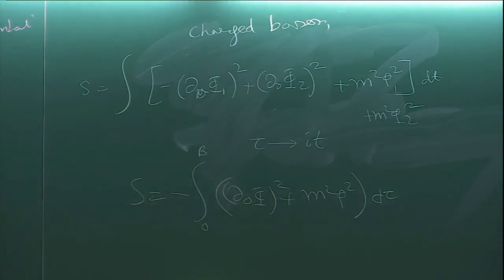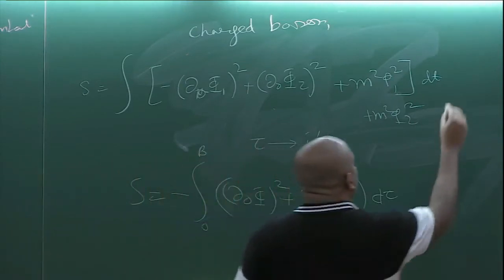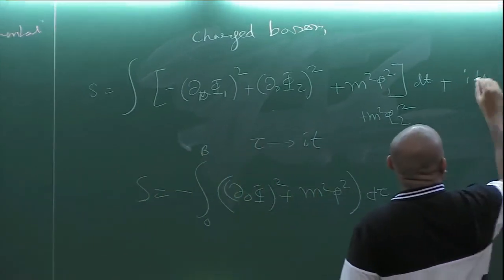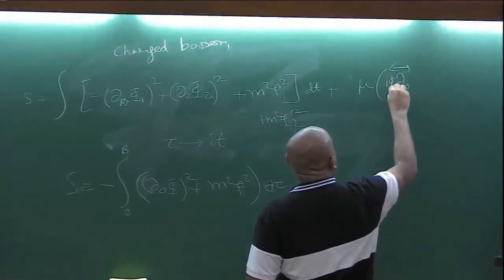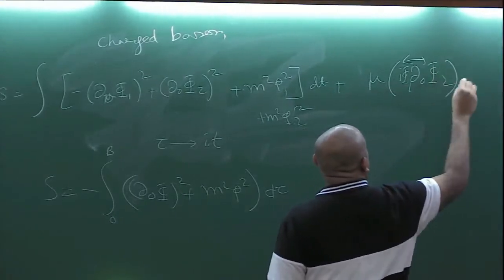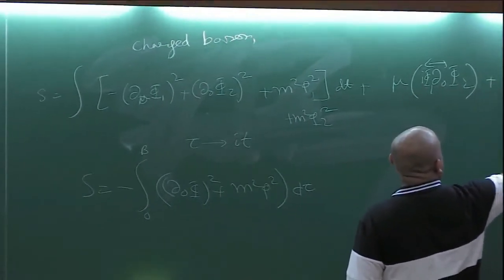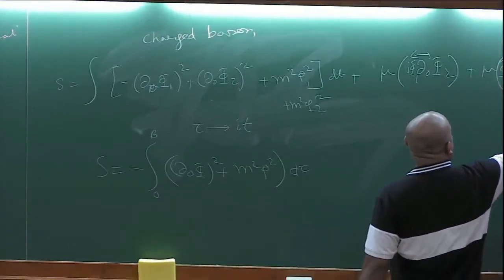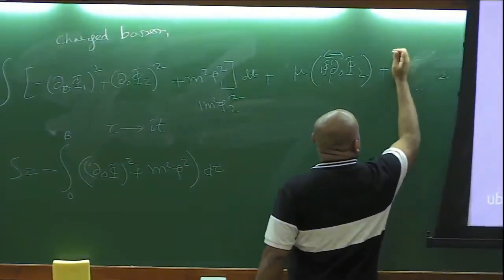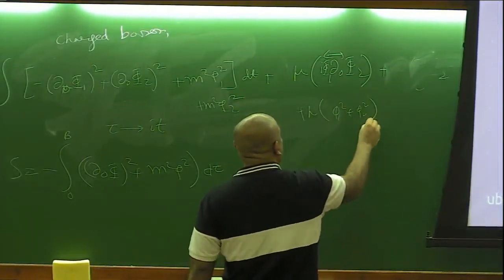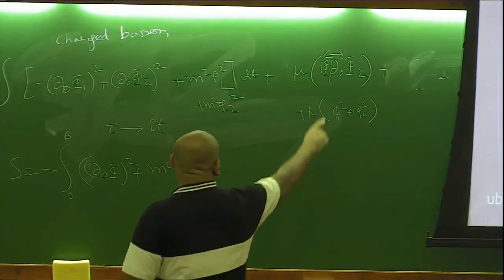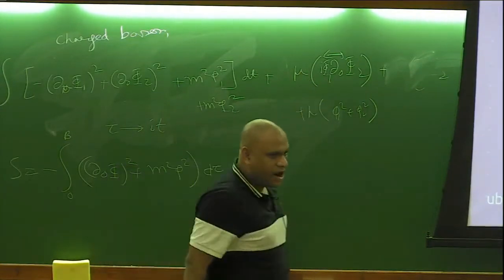Now what happens if you also have a chemical potential in the theory? Suppose you introduce a chemical potential mu for the charge. Basically, you have a single derivative term in time.